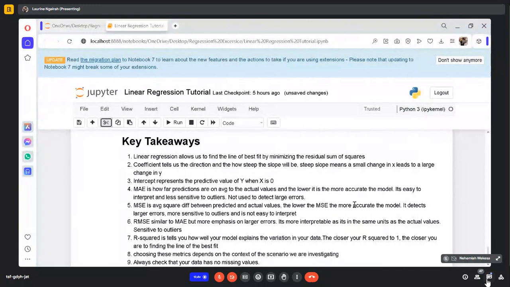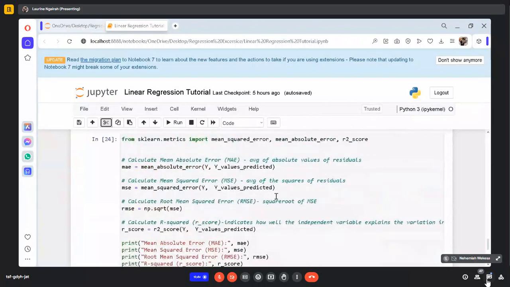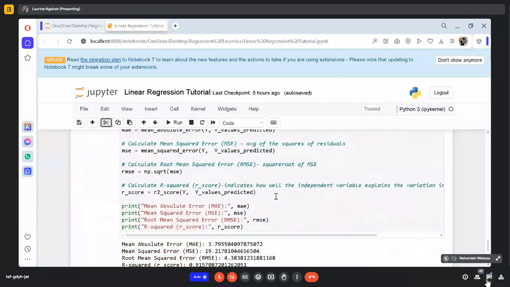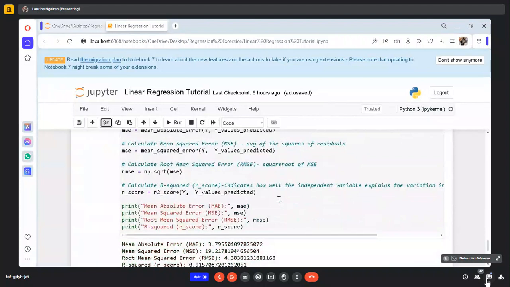Just to add to what Charles is saying, all this mean absolute error, MSE, RMSE, all these things we are trying to do is a way to improve the model so that it gives us the best predictions possible.